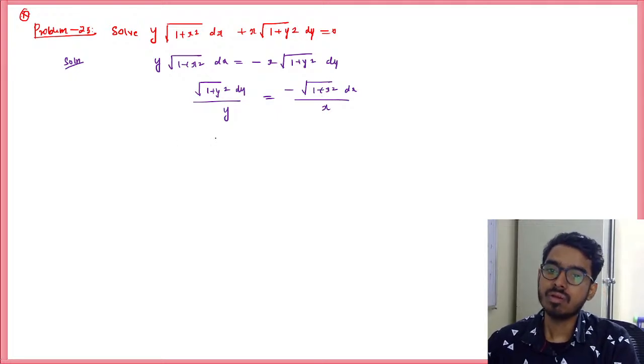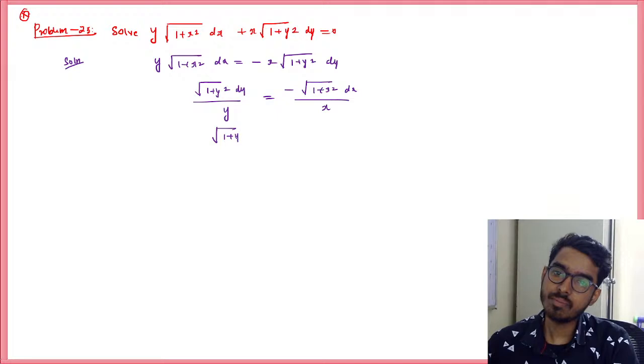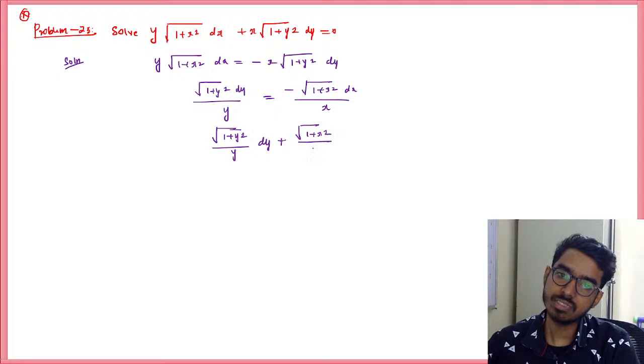Or you can also write this as root of 1 plus y square by y dy plus root of 1 plus x square by x dx equal to 0.